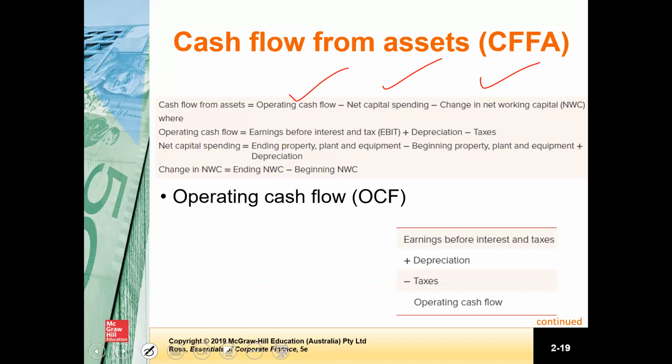So to calculate operating cash flow, we take earnings before interest and taxes and add back depreciation, because this depreciation was deducted and it didn't actually result in a cash outflow. The taxes are then deducted to find operating cash flow.